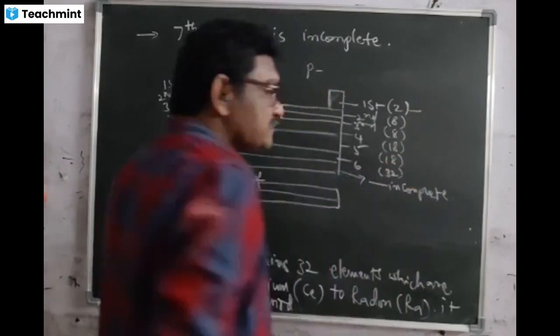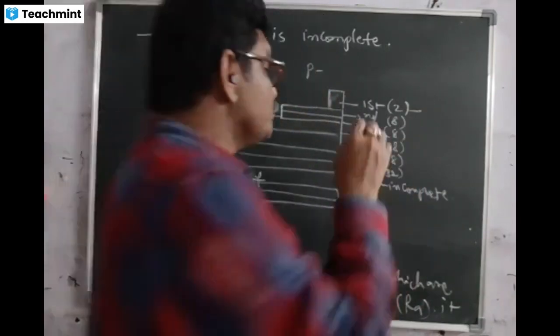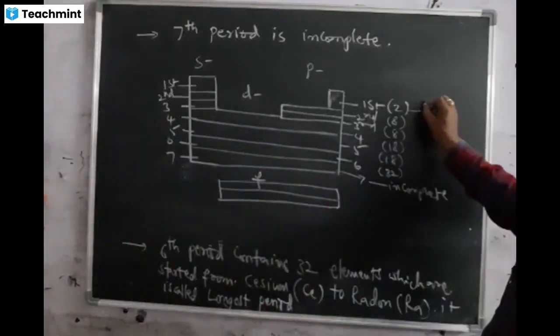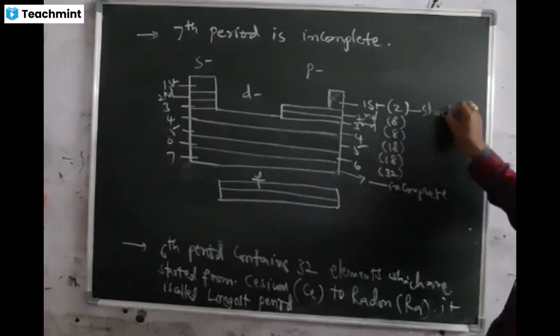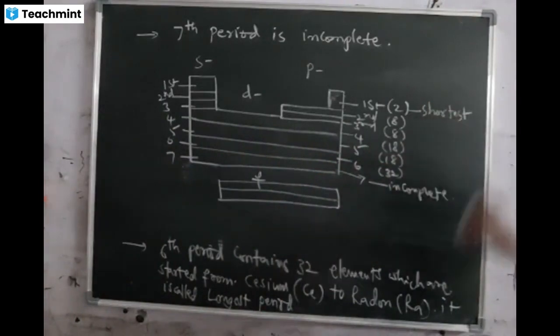Here, a period that contains two elements is called the shortest period. You write down this.